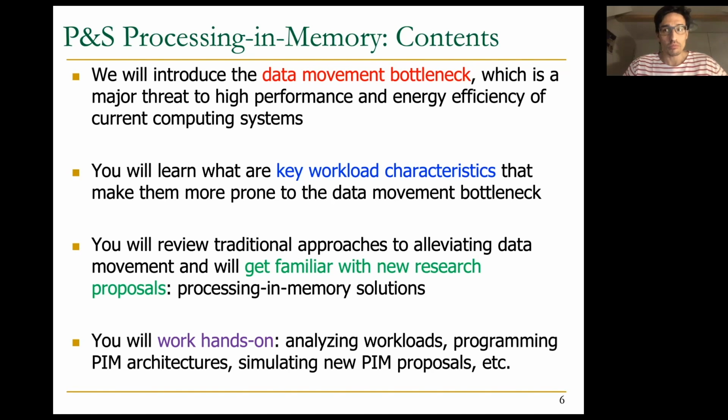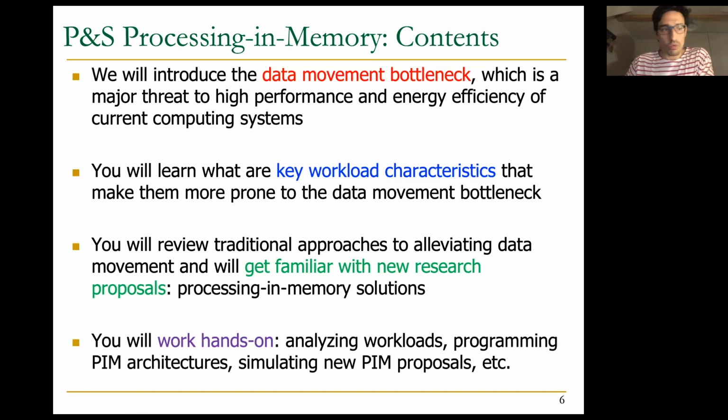You are going to be able to program real PIM architectures. Even though you may think, and this is actually an active field of research where many different proposals are coming out, there are already some real processing in memory architectures, and we actually have access to one of them.